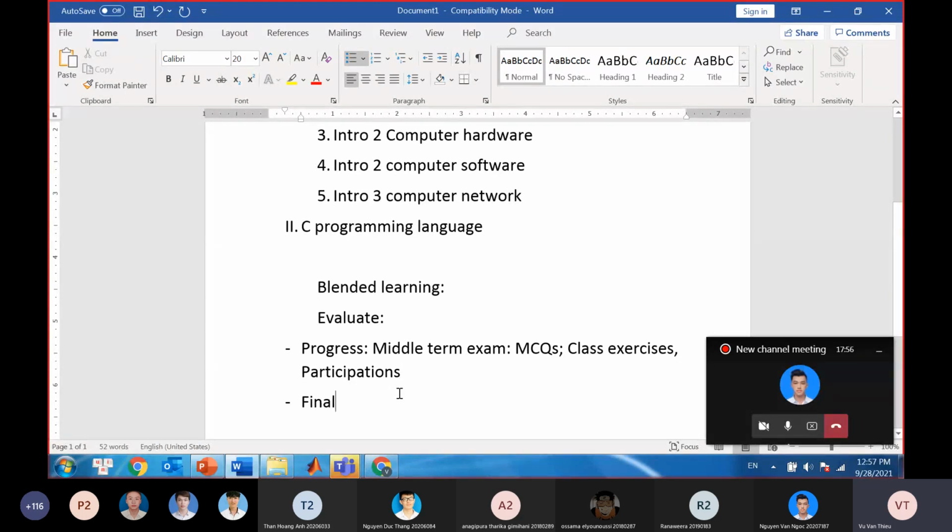our institute. That is an exam organized for the whole university. So in the exam, the questions and the results are the same for all classes. So the final exam will consist of 2 parts. The first one is multiple choice questions, and some programming.